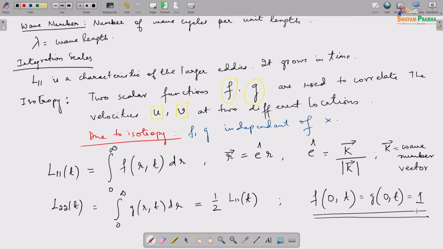So that is essentially the L11. In this, basically what is happening is that I need to know how far I need to integrate.